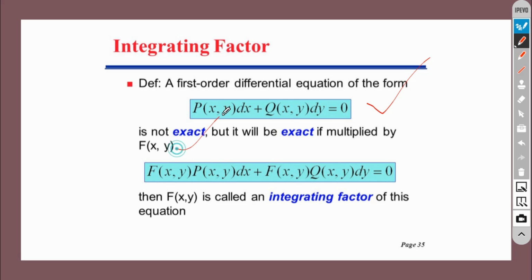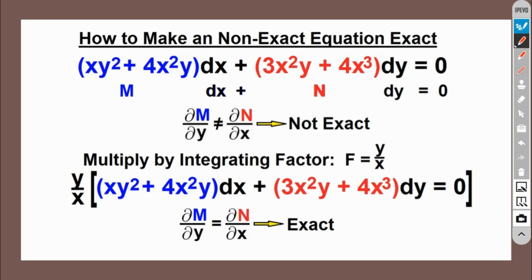It will be an f of xy like function. After multiplying by this function, the differential equation will become exact, and if it is exact, then it is easy to find the solution of the differential equation, maybe by the homogeneous method or by separating the variables. How to make a first order differential equation exact? By finding the integrating factor.